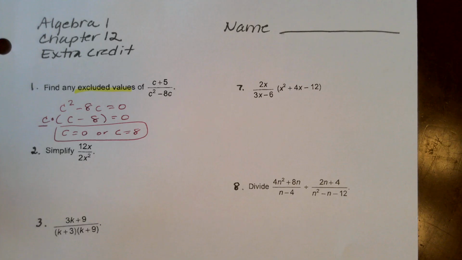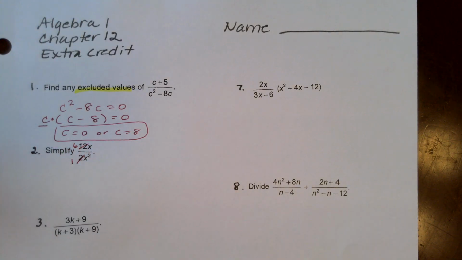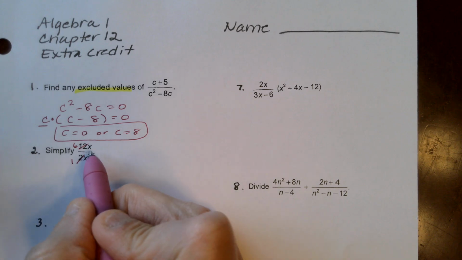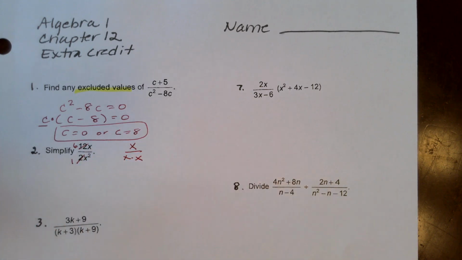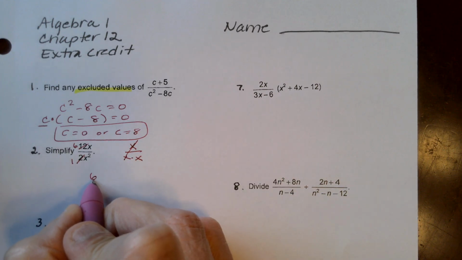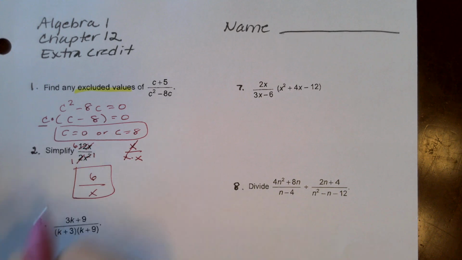We got a 12 and a 2. 12 over 2 reduces to 6 and 1. We've got an x and an x squared. So remember, that's an x and then an x squared. That's what that is. So one pair crosses off. So I'm left with 6 on the top and an x on the bottom.